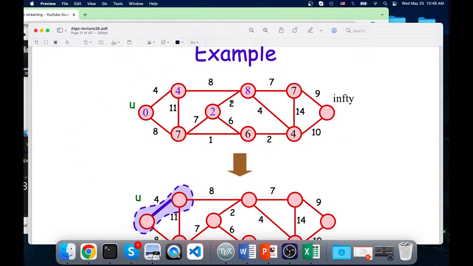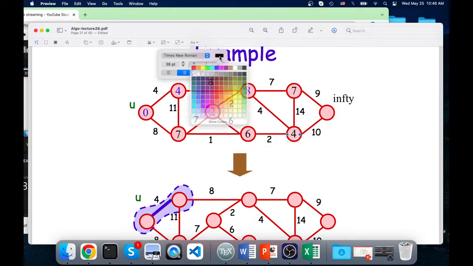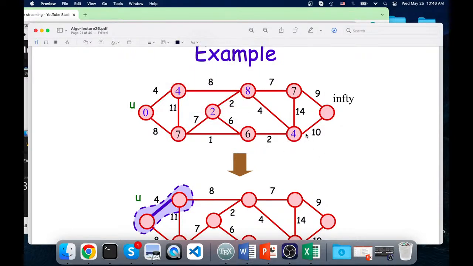So this is the current spanning tree that we have. And then we will look at all the black nodes, find out which one has the smallest weight. So this is the smallest value, right? And then in that case, we will take this away. So using the binary heap extract min, we will find out this node and then include it into the spanning tree.